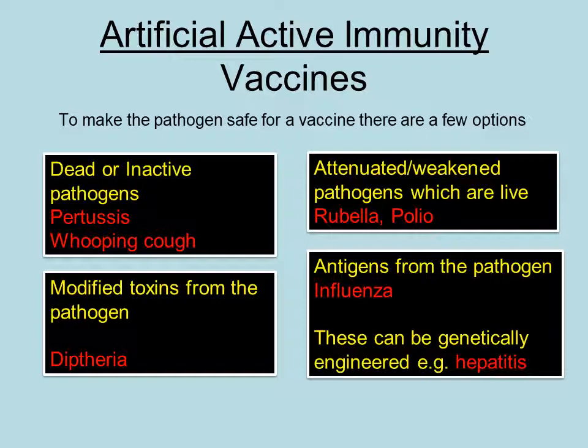And of course, at the moment, there is so much interest in vaccination because we're trying to develop a vaccine for the coronavirus, COVID-19, and they are looking at the methods that they have used, particularly in this fourth group, where they're trying to identify the antigens and create a vaccine from that.